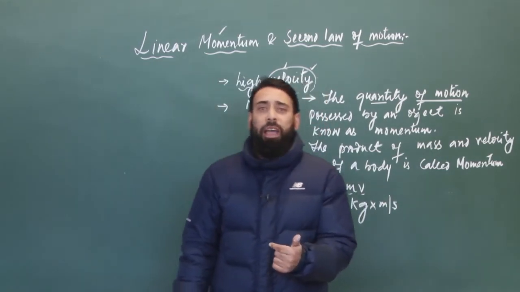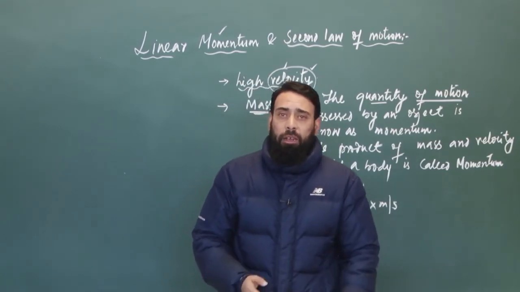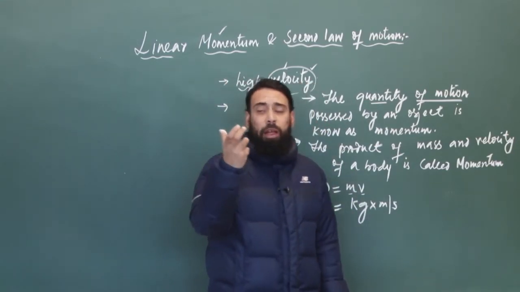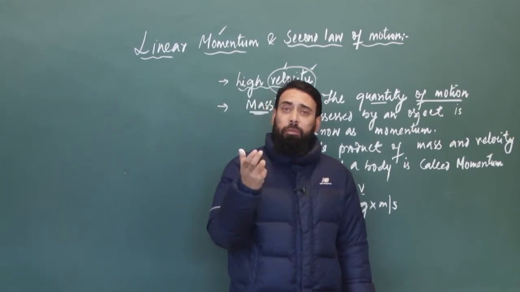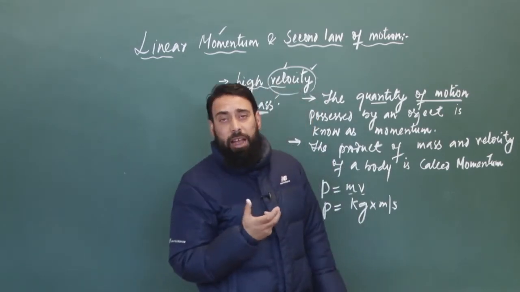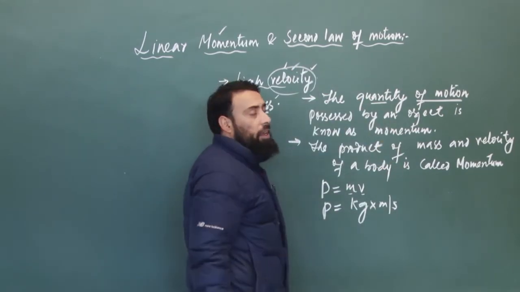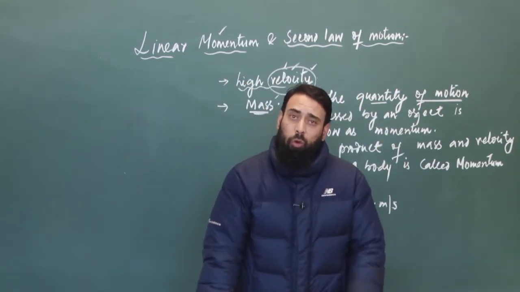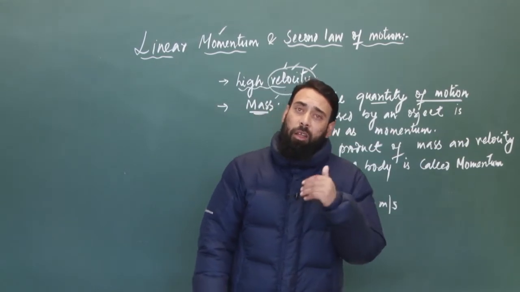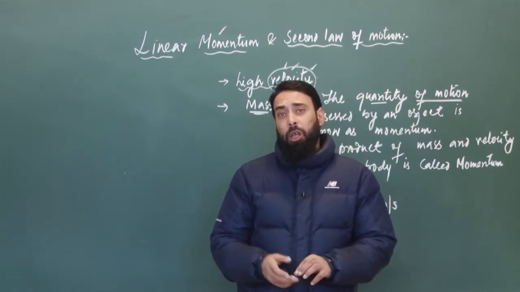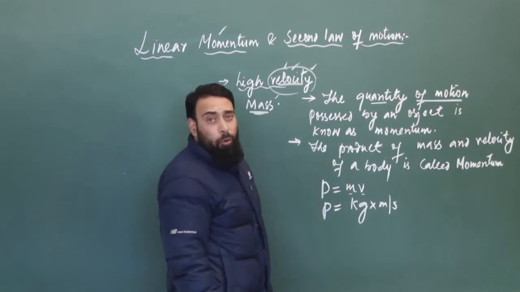For example, when a bullet is fired from a gun, that bullet has high momentum, and the bullet's momentum is decided there by means of the velocity, because that bullet is fired with a high speed. So here the bullet has high momentum because it is moving with a high velocity. So velocity is one of the factors that decides the momentum of the body.